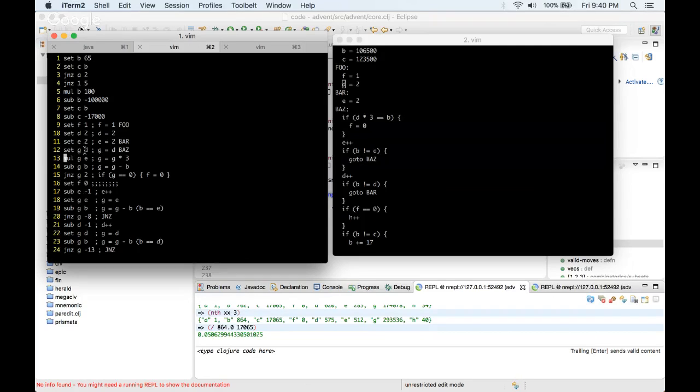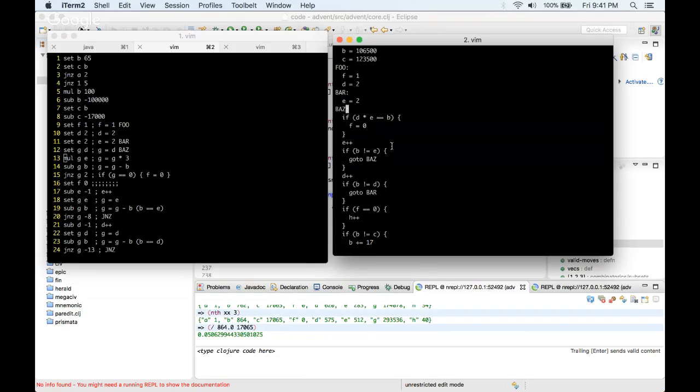So set G to D, multiply D by E, and then check whether that's equal to B. So that's asking this here. So this might be an easier question to answer.